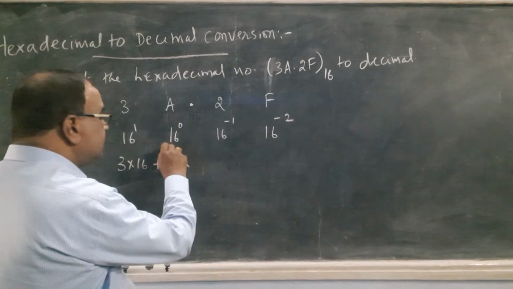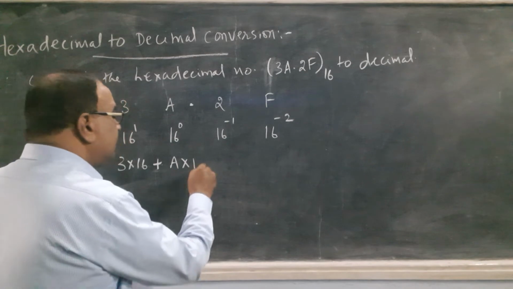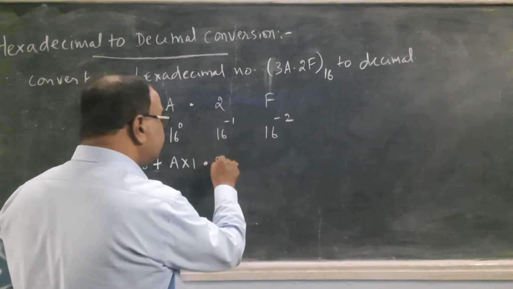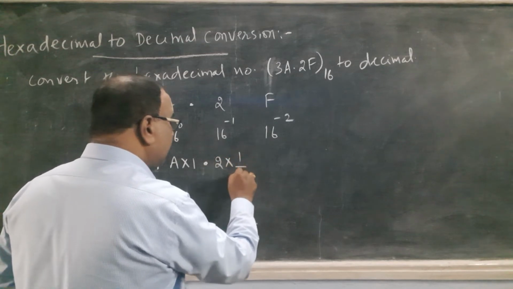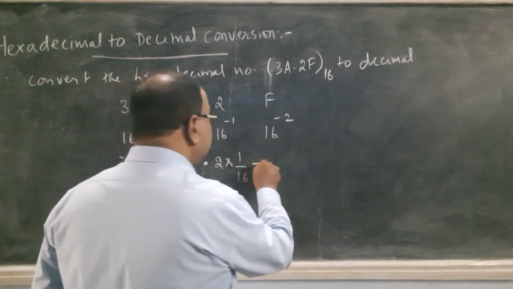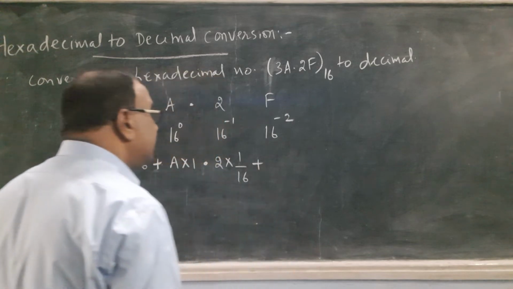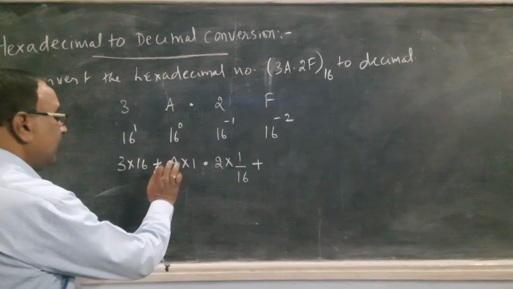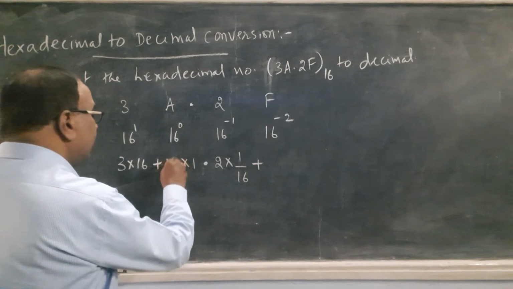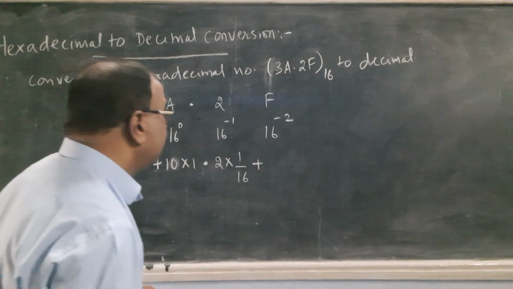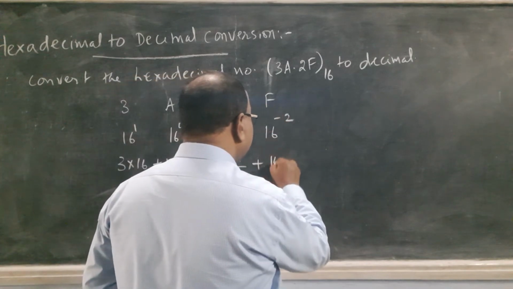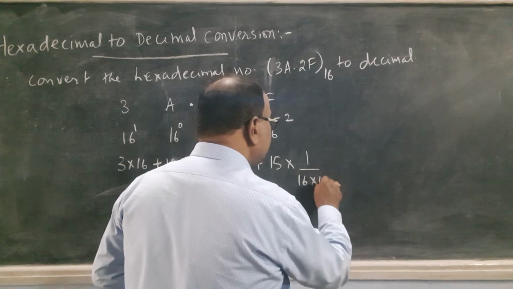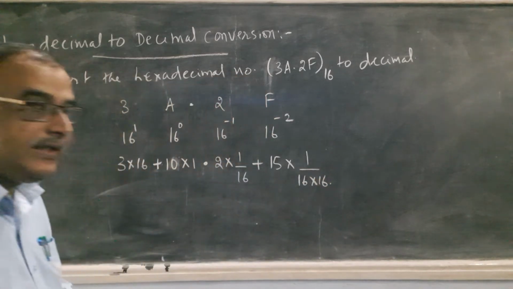A into 16 to the power 0 is 1, then let the point be as it is, 2 into 1 by 16 plus, what about F? Oh sorry, here A is 10, 10 into 1. F is 15, 15 into 1 divided by 16 square, 16 into 16, right?